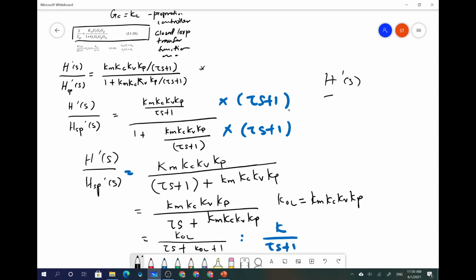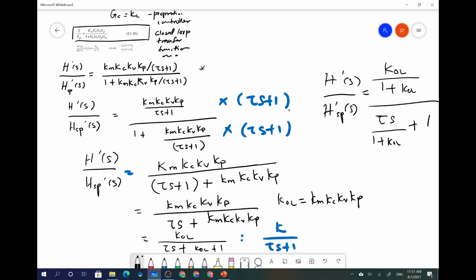H s equals KOL divided by 1 plus KOL, times tau s divided by 1 over KOL plus 1, times H s. We really want to make sure it is plus 1.